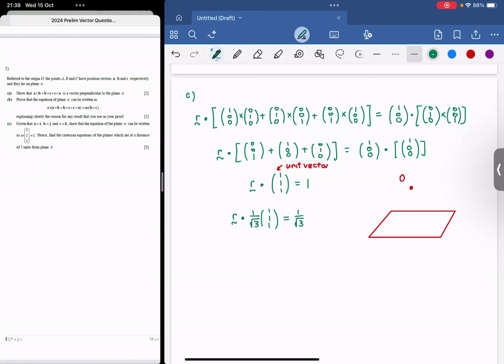So based on this equation, we know that the distance of this plane from the origin is actually 1 over square root 3. So what are the other equations? They want it to be 5 units from this plane. So the first equation, plane 1, it will be this one.